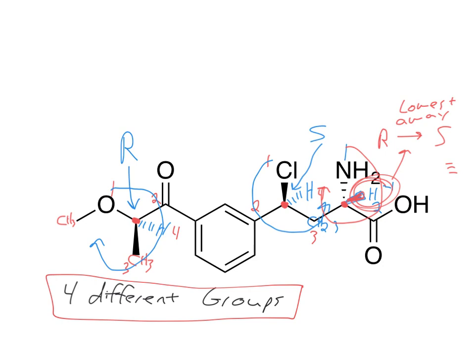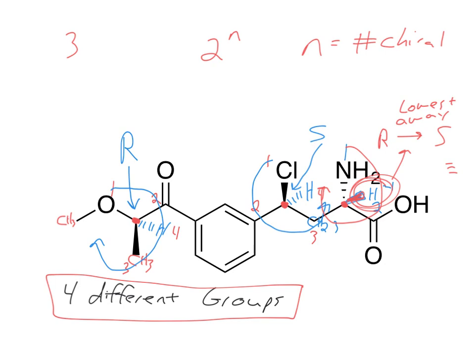Now, the last thing we're talking about is this one has 3 chiral centers. Right, so let's write that up here on top. So we have 3 chiral centers. The way you could solve for how many stereoisomers you have is you can use the equation 2 to the n, right, where n is equal to the number of chiral centers.